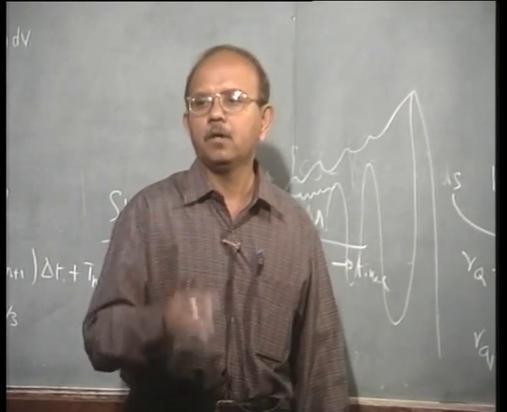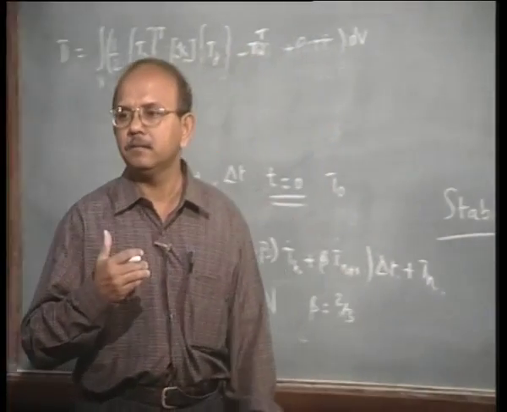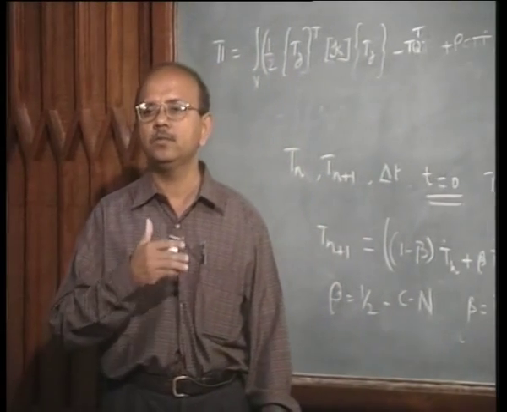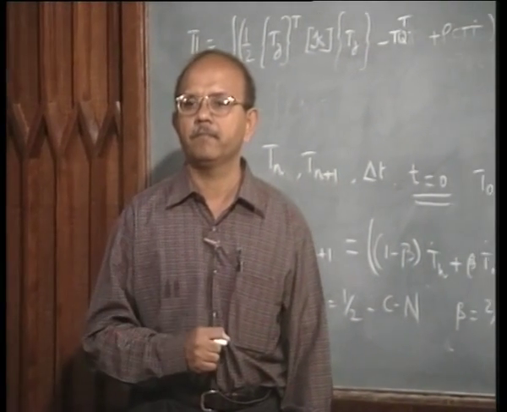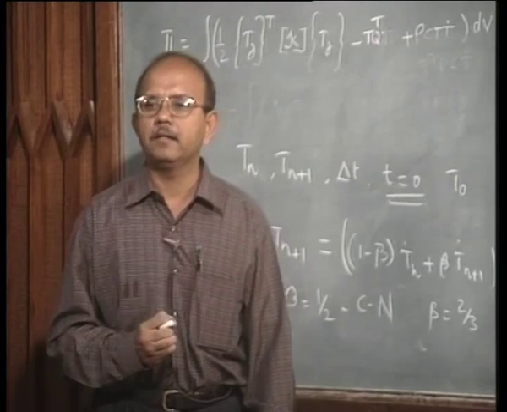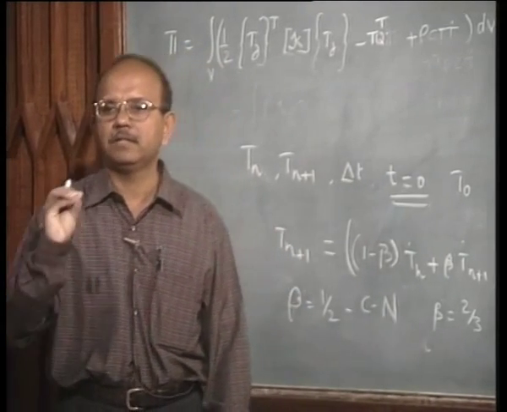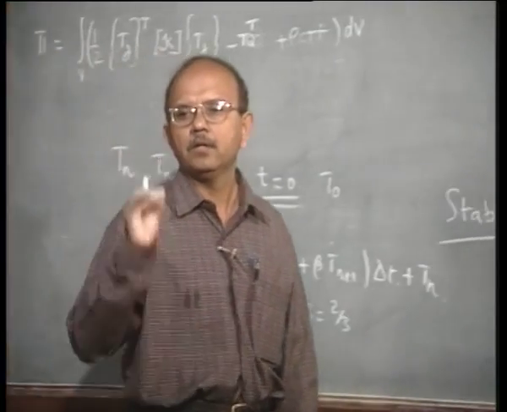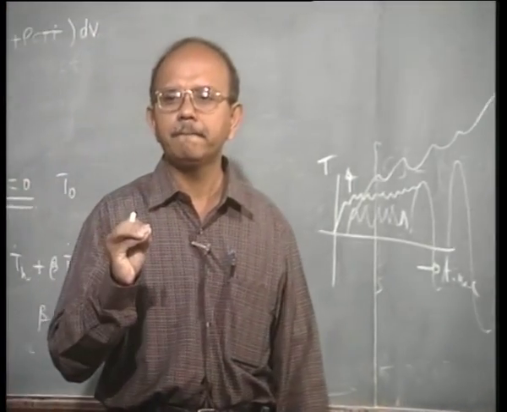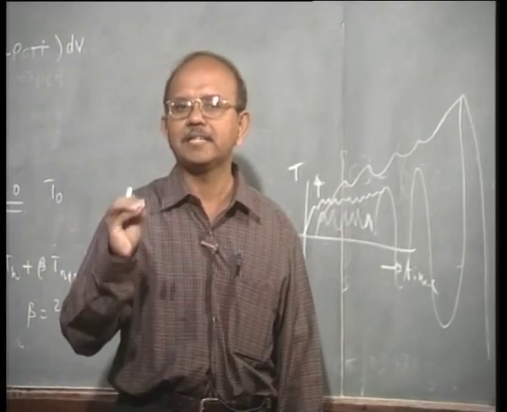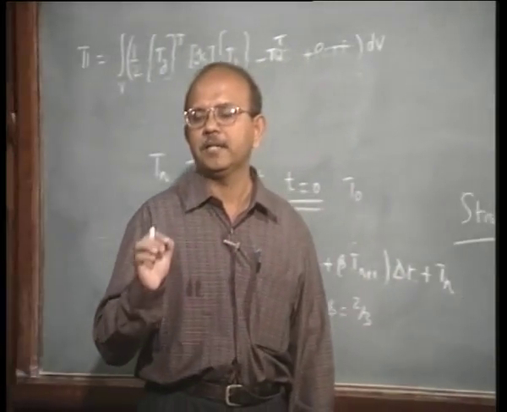Is it clear? On the other hand, the oscillations can lead to complete instability. It has been found that there is a limit for delta t, that we will discuss in the next class. What is the limit? There is a limit for delta t when beta is less than half.